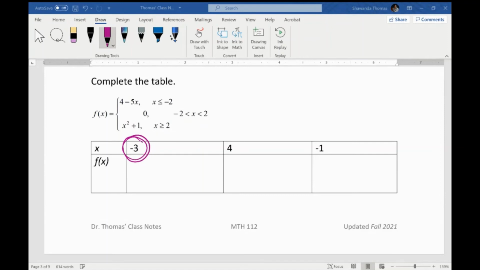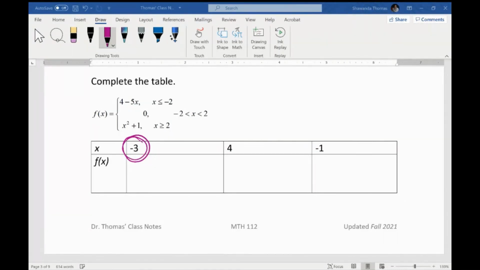Okay, Alicia, I see your mic still on. What did you say, Alicia? I was saying you'll plug in a -3 where the x is. All right. Okay, plug in -3 where the x is. There are 3 options. So what are we gonna do now? You're gonna see which one fits the problem.